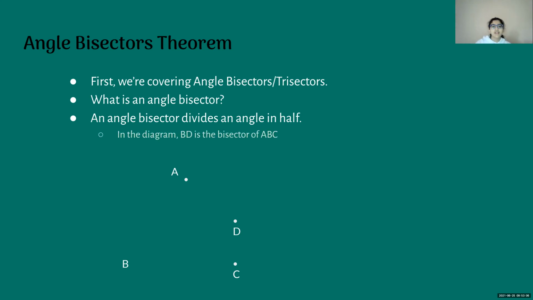So in the diagram, which is going to appear, BD is the bisector of ABC because ABD is equal to DBC, or because ABD times 2 is equal to ABC. Both of them mean the same thing. So this is what an angle bisector is.